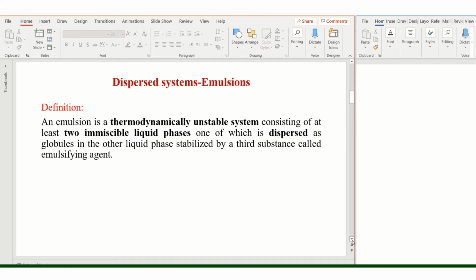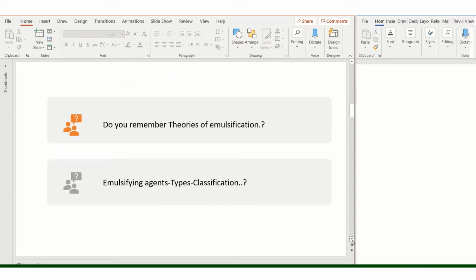Before we get into the stability considerations, we need to remember the theories of emulsification. Do you remember the theories of emulsification? How many theories at least? Think for at least a minute.